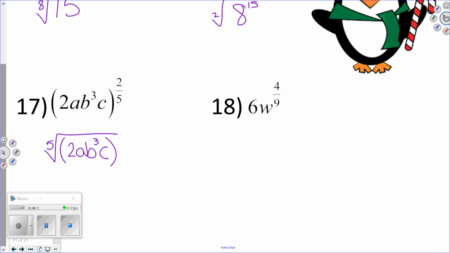Don't make it harder than it has to be. And what goes here? 2. Yeah, don't make it harder than it has to be. I kind of see where you were going with that, though, because it had the exponent. And then 18, Trinity.